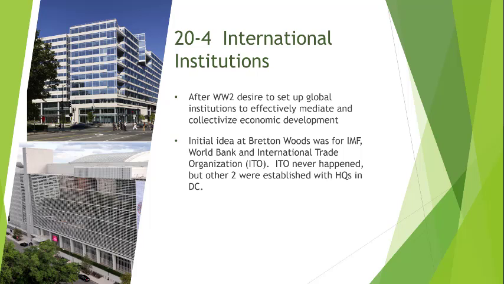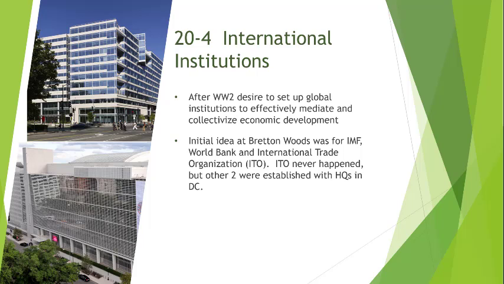Instead, as we know, we got the GATT. However, later on, of course, the WTO happened, which was the child of the ITO. So the WTO now has happened. So we do have three different institutions post-World War II now to deal with different aspects of the global economy.